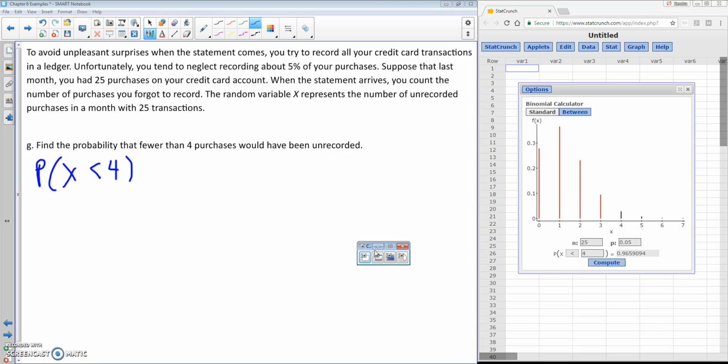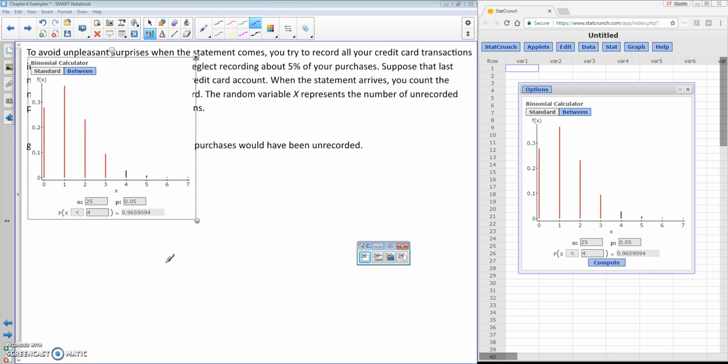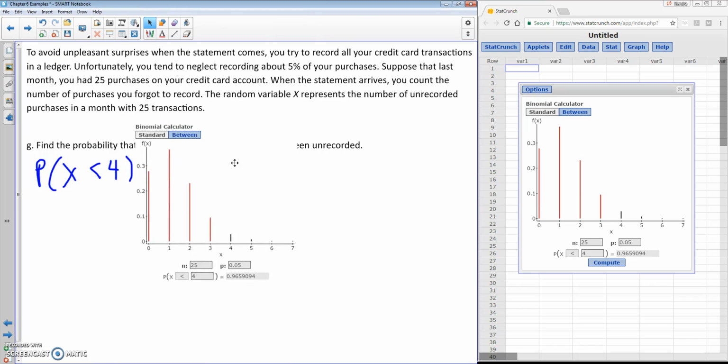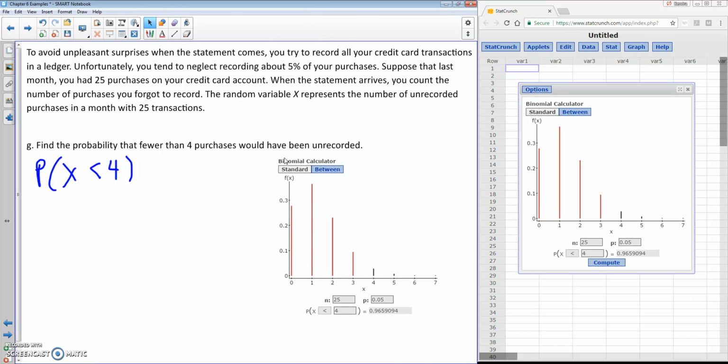I'm just going to capture this again so we have that as a reference. So our probability here is approximately 0.9659.